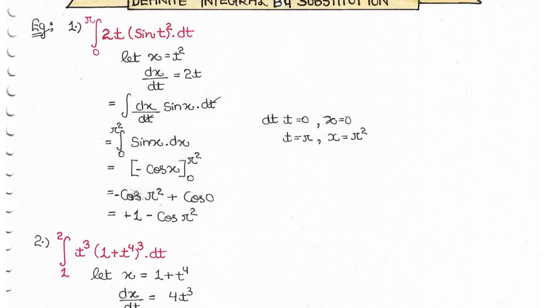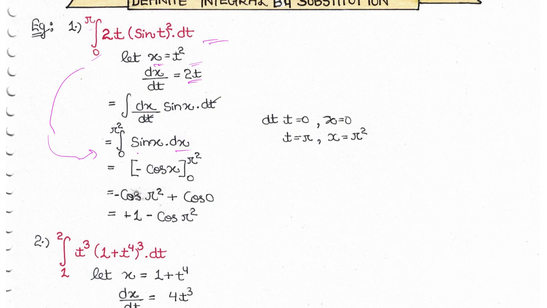Now, definite integral by substitution. Example 1: lower limit 0, upper limit π, integration of 2t sin(t²) dt. For this we take x is equal to t², or dx/dt is equal to 2t. Here we change the variable t² with the variable x. If we put this, it simplifies to sin x dx.